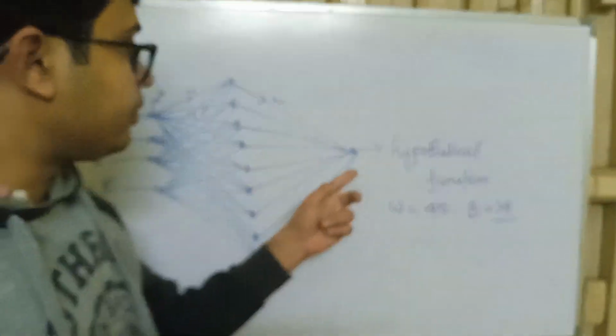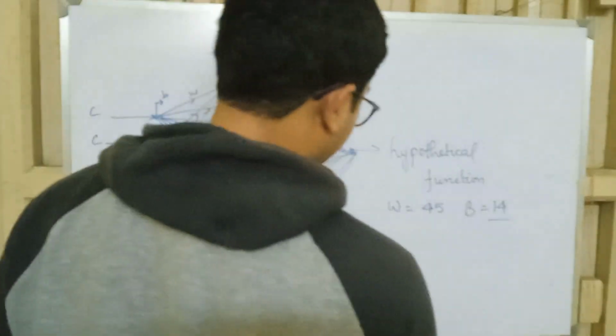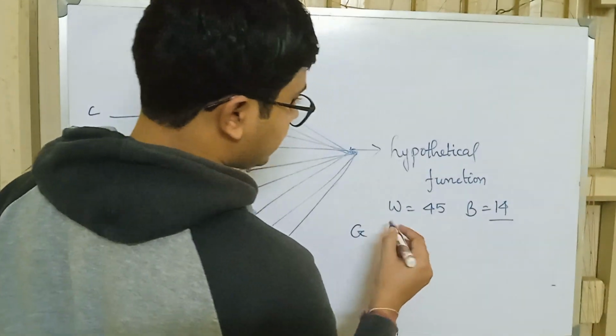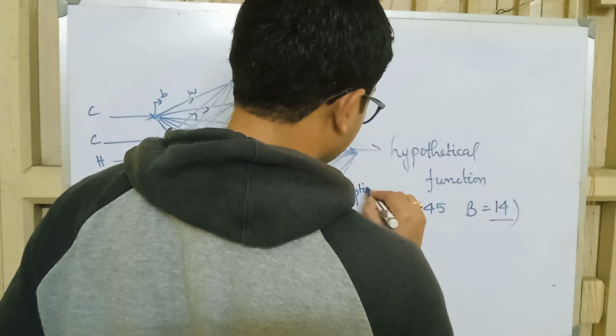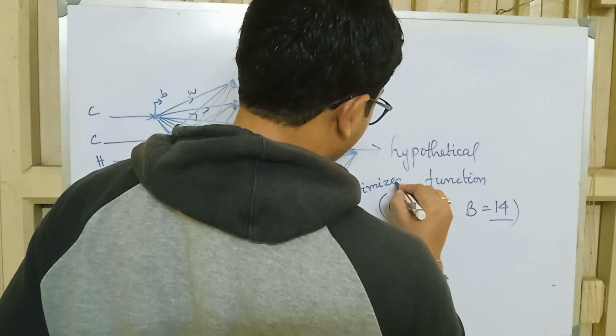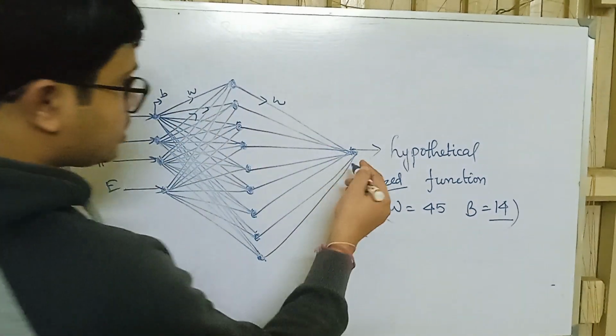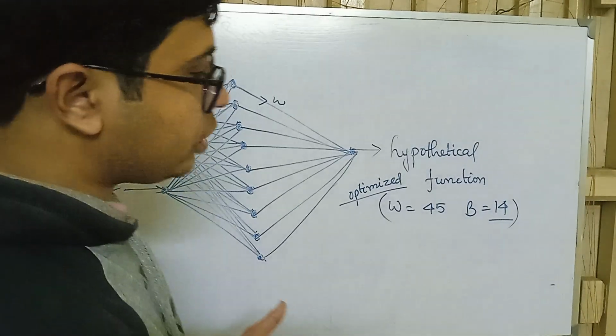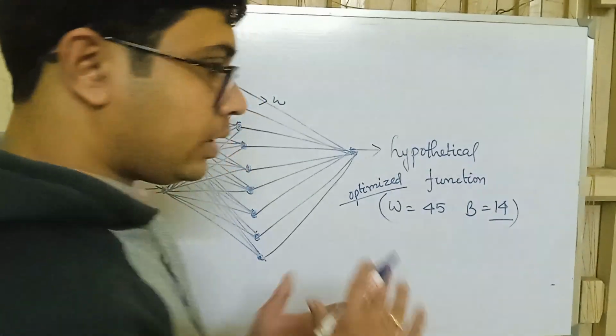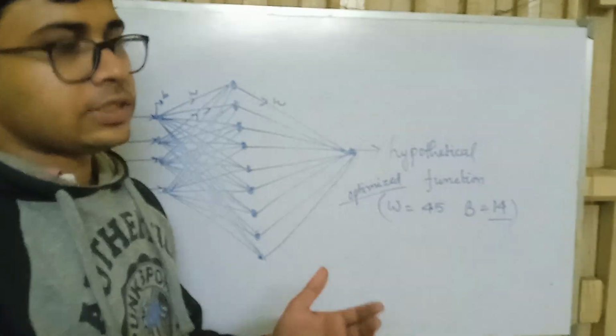Then we get the optimization, and from this we get the output as a hypothetical function. The output is cut or not, meaning whether the transition is a cut transition or not.